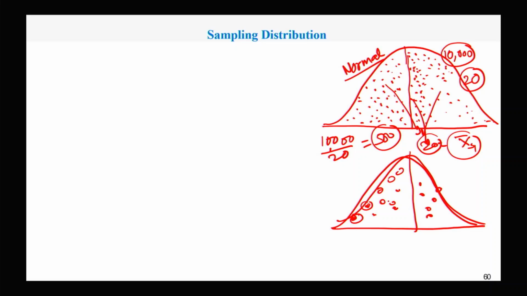But here each mean value consists of 20 data points. This distribution is actually of sample means, so it is known as the sample distribution.